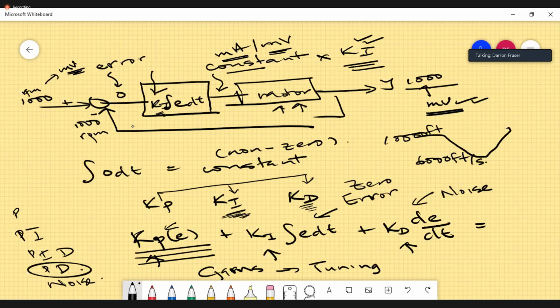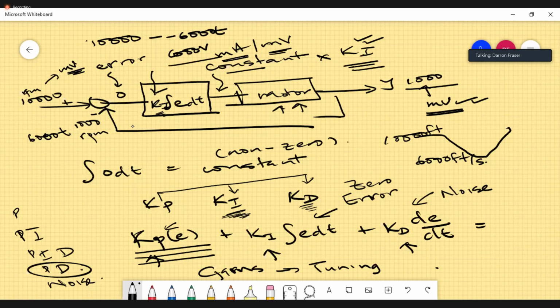And so the error would have been 10,000 minus 6,000 times t, and it's a drop. When we differentiate it, we get 6,000.